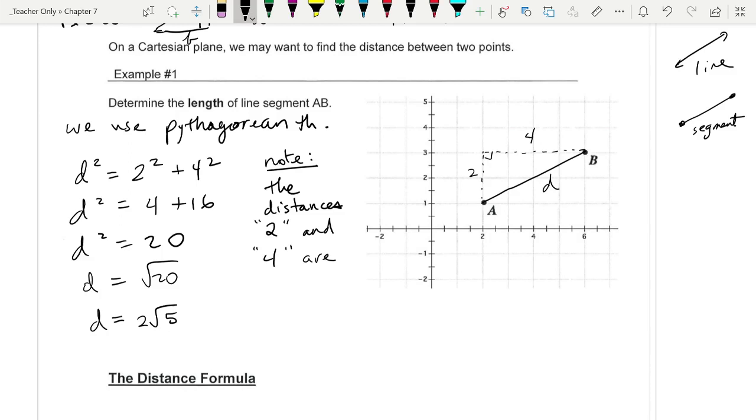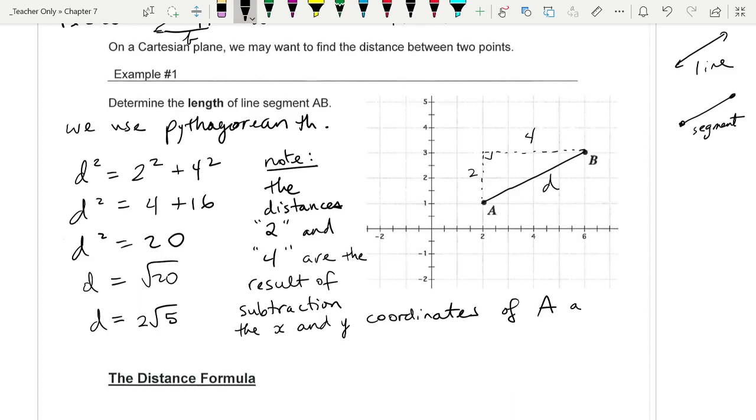They're the result, I should say are the result of subtracting the x and y coordinates of point A and point B.